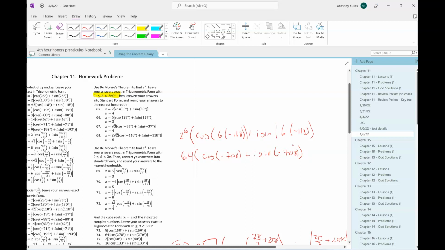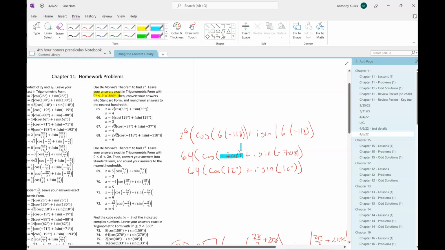And then I just have to convert that into something between 0 and 360. Negative 708.